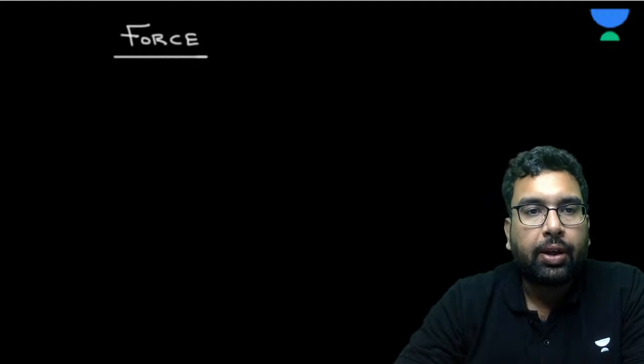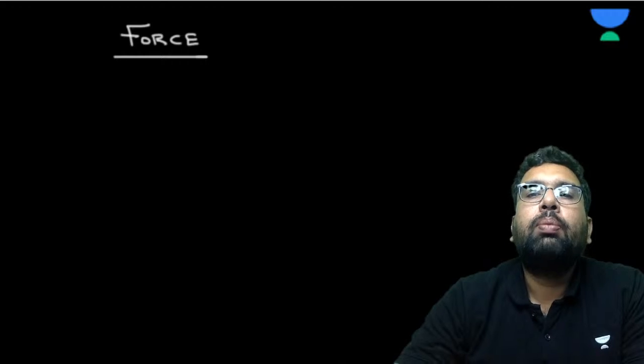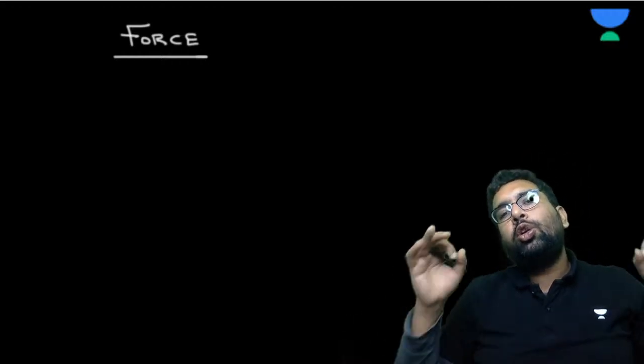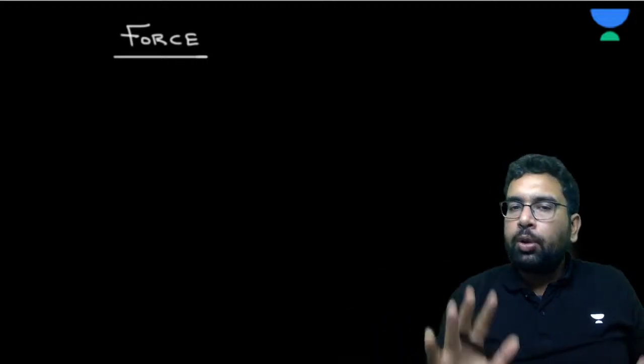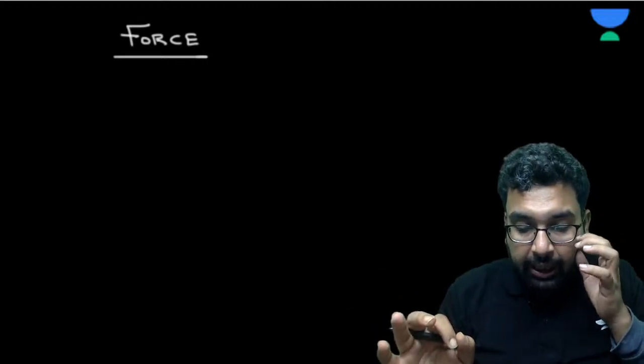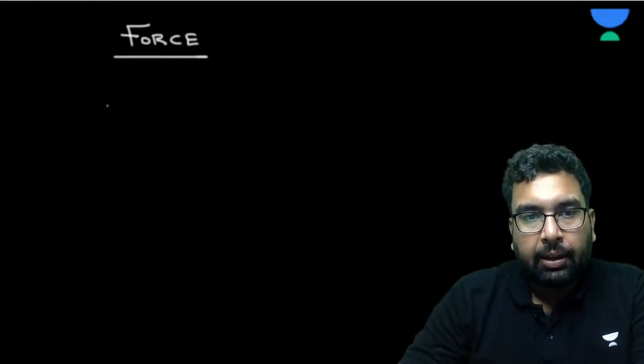I'm going to solve it only. Whenever a force is acting on a body, force is something which will do something to somebody. When it is acting on something, it will definitely have some effect. For example, let's suppose we have a body like this.